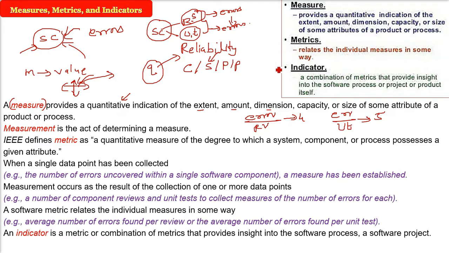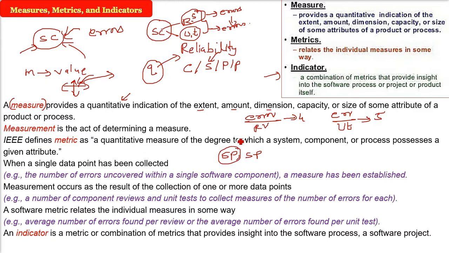Now, indicator. An indicator is when we take a combination of these metrics that provides us with insight into a software process or a software project.